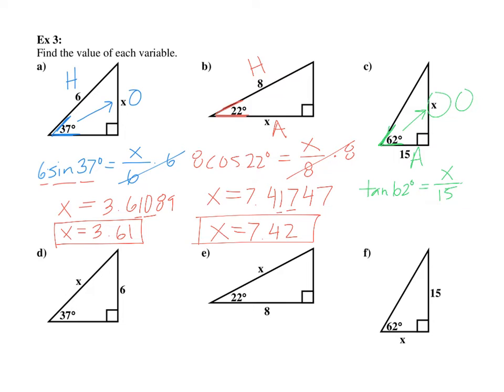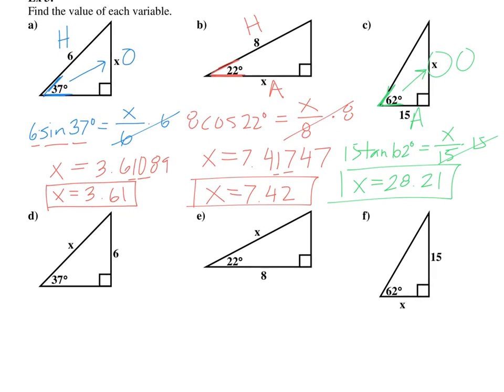All right, to get x by itself, multiply by 15 on both sides. All right, plug this into your calculator, and we get x is equal to 28.21. Okay, I'm rounding it off here. All right, let's do a couple more examples.